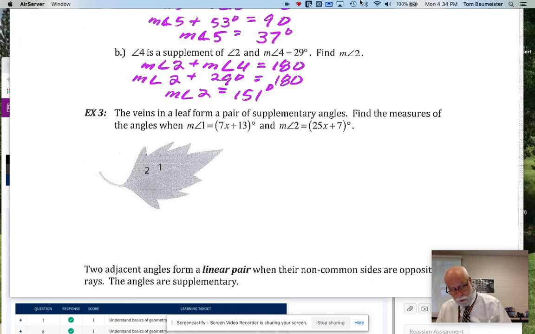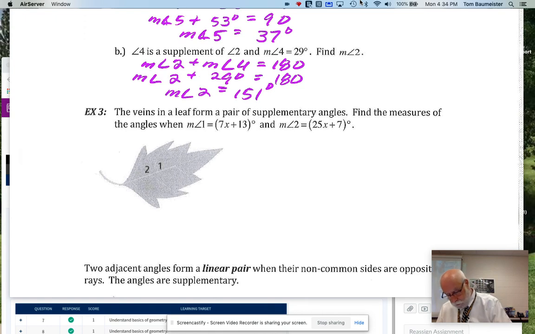So remember, what they're saying here is that this angle here and this angle here add up to 180 degrees. So we can say that the measure of angle 1 plus the measure of angle 2 is equal to, again, supplementary is 180.